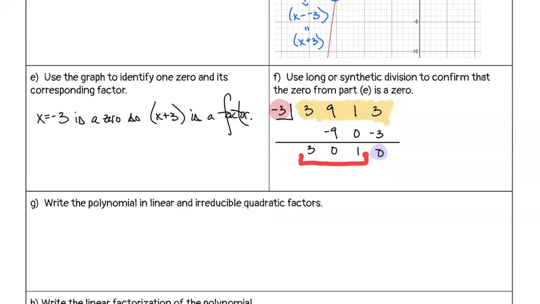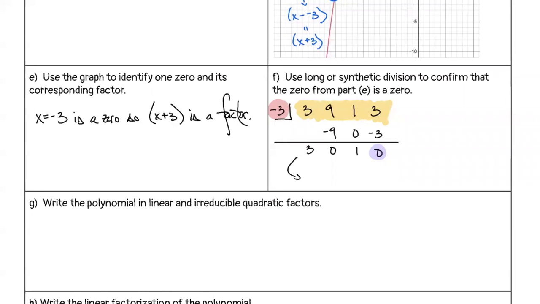Interpret this for me. 3, 0, 1. What does that mean? 3x to the second power plus 0x plus 1, right? That's what that 3, 0, 1 really stands for. And so what we're going to do now is write our polynomial in its linear and irreducible quadratic factors.